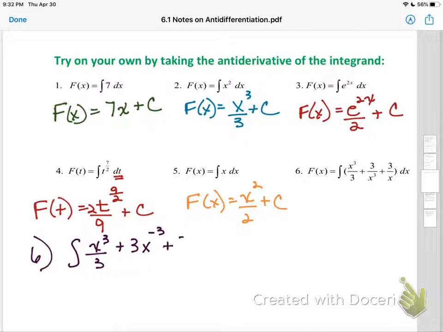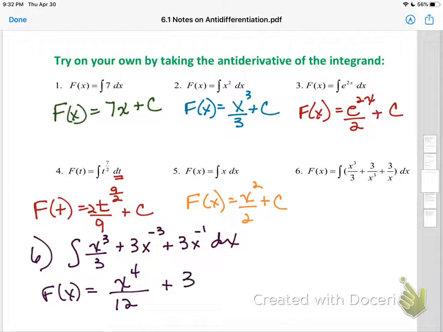Okay, now I'm ready to go. So do each part. The first one is going to be add 1 to the power that's currently there. So that's going to be x to the 4, and then divide by that. Well, since I have a 3 down the bottom already, I'm going to multiply the 4 by the 3 and get a 12.